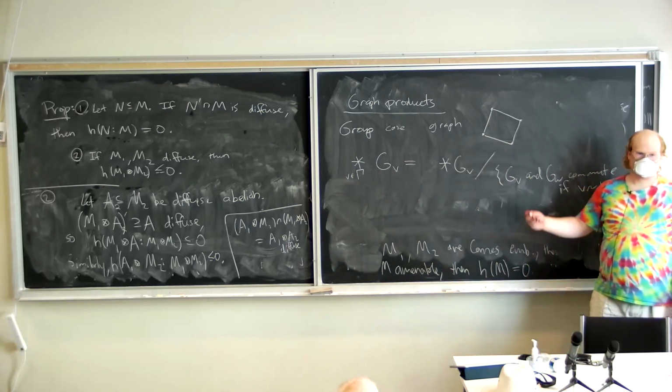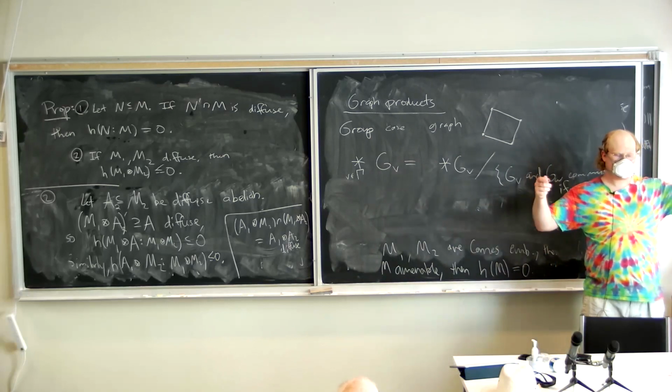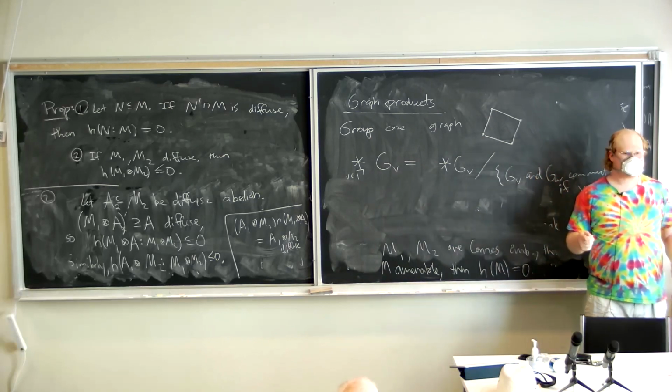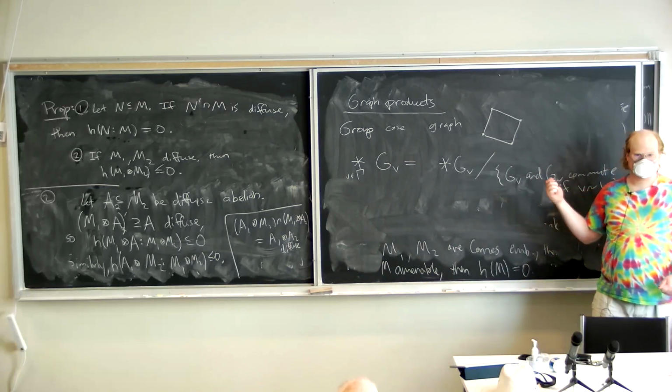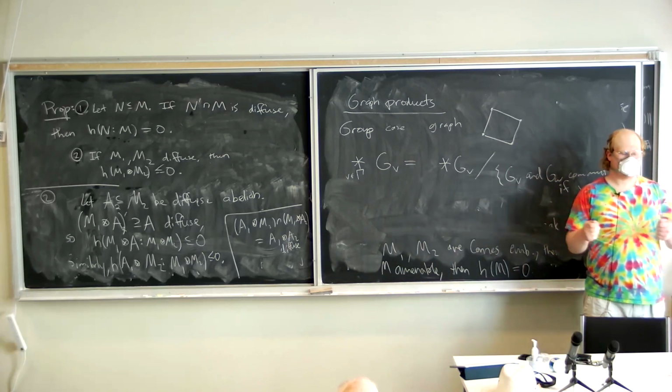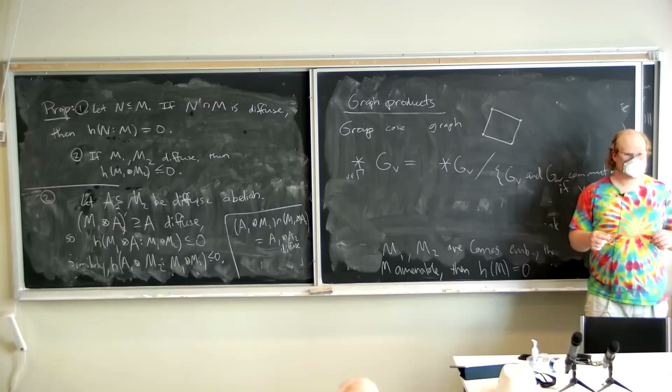So when you take the graph product of groups, if you have two vertices that are not adjacent, then those two groups are in free position. And if the vertices are adjacent, then they're in a direct product position.